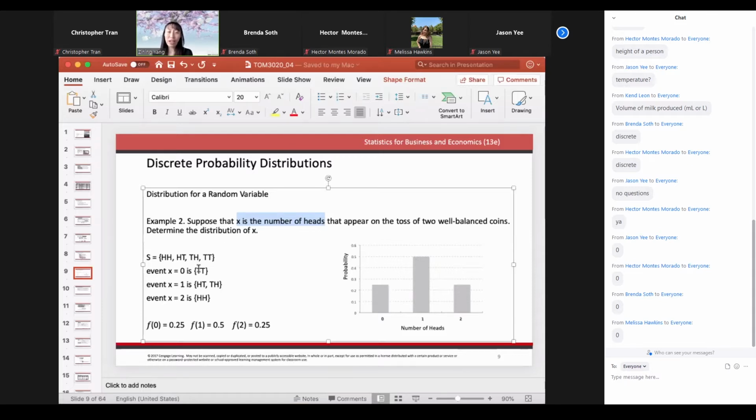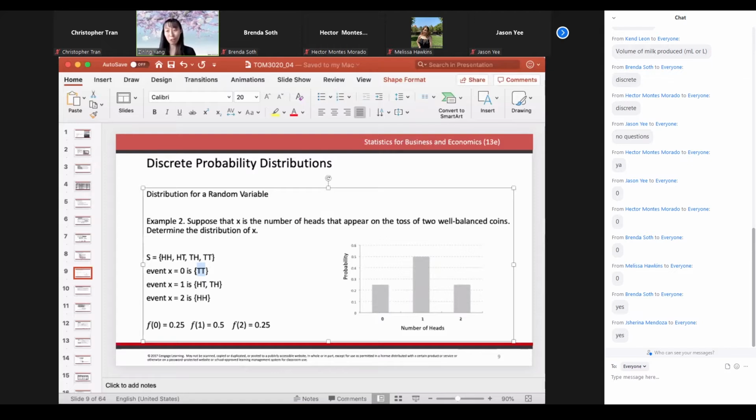If coin 1 shows tail and coin 2 shows tail, then I get 0 heads. So yes, x can equal 0, and that reflects the outcome of tail, tail. That's a frequency of 1. Then can I possibly have 1 head from tossing 2 coins? Is that possible?